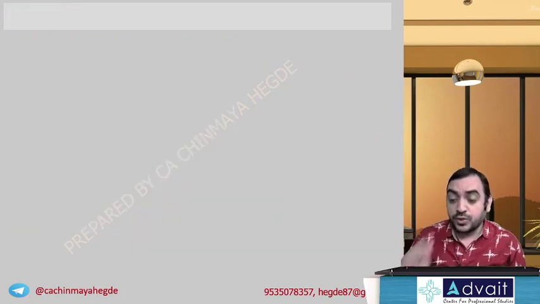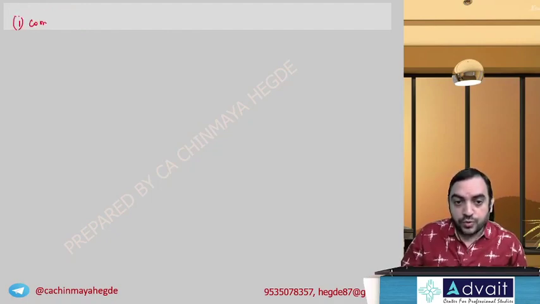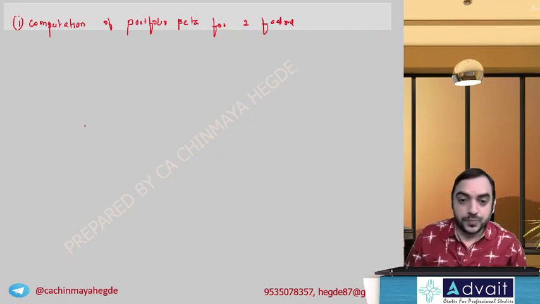So first we'll compute the weights. For the first part of the question, computation of portfolio beta for 2 factors. So we get 2 answers, for factor 1 and factor 2. First we'll compute the weights.